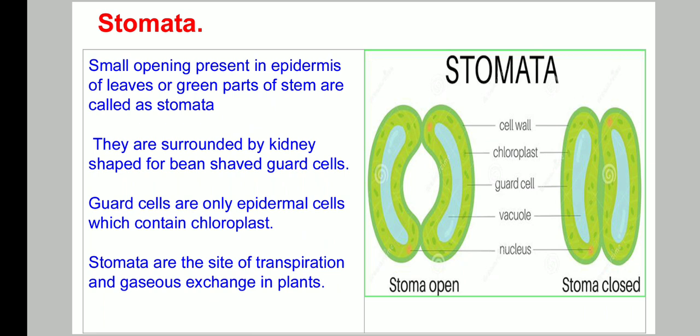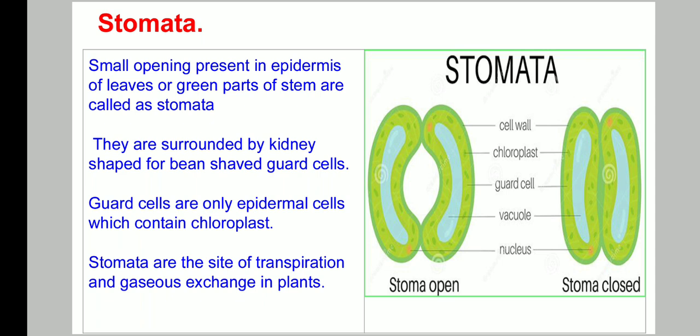They are surrounded by kidney-shaped or bean-shaped guard cells. You can see this in the diagram. Dicot plants have kidney-shaped guard cells, but in monocots the guard cells are dumbbell shaped.